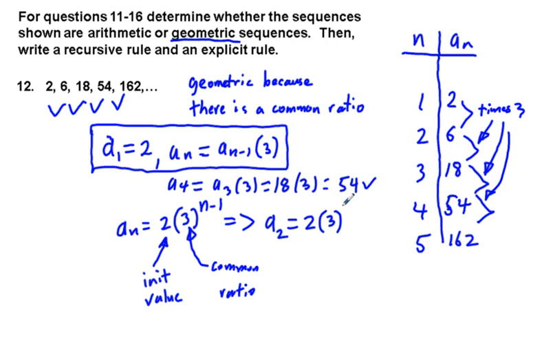That's going to be 2 times 3 to the power of 2 minus 1, which is going to be 2 times 3 to the first power, which equals 6. Check. So this is going to be our explicit rule right here. I'm boxing it in.